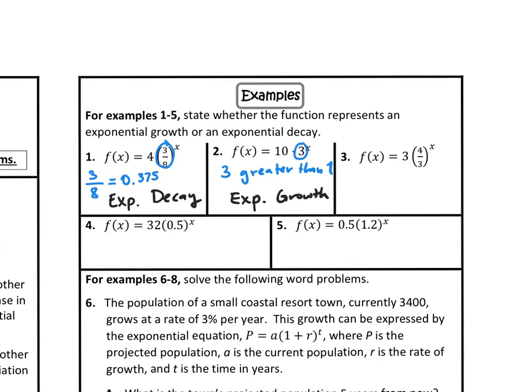Exponential growth. Okay. The next one, the base is 4 over 3. 4 over 3 is approximately what? 1.333.